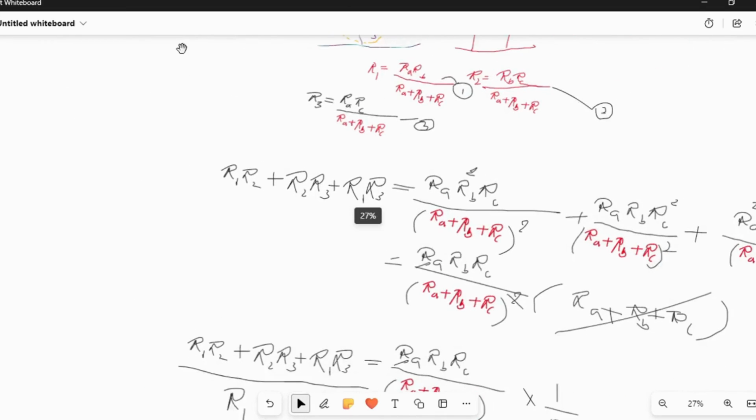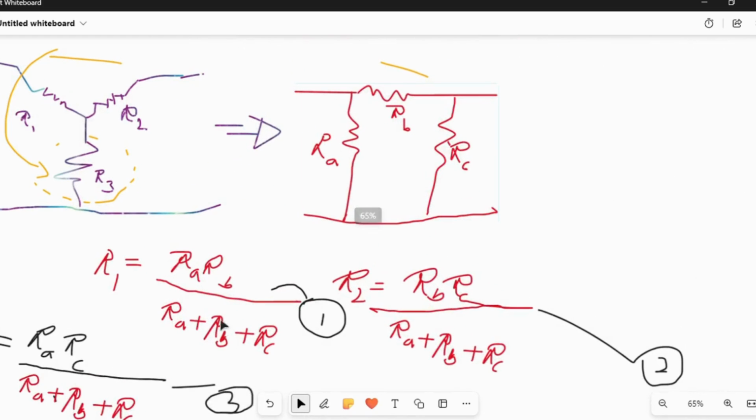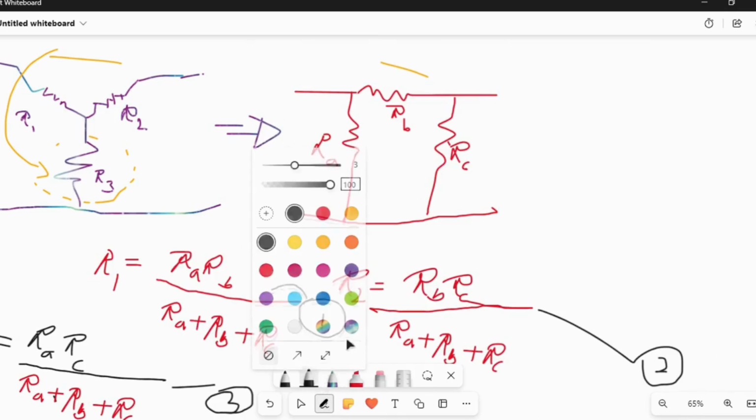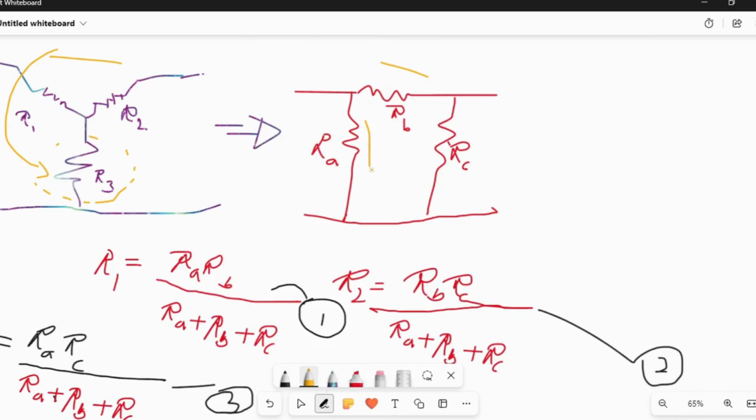If you want to find RA, then look at the side of RA.